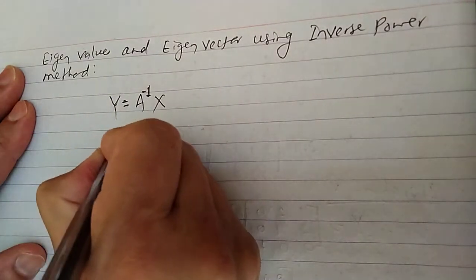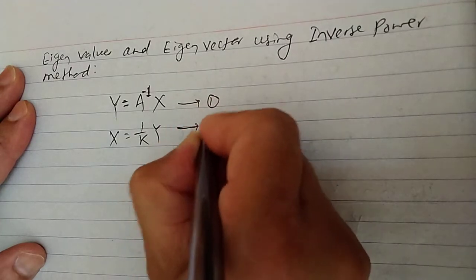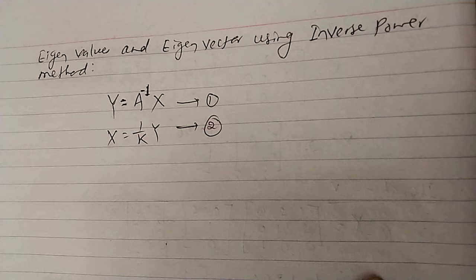And x is the same, 1/k times y. So these will be your two equations. So instead of taking A as in the power method, you will be taking A inverse in case of the inverse power method.